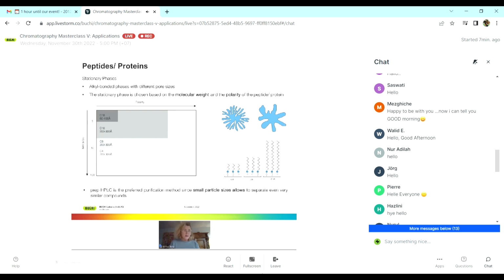Then there's another point. You have to decide which particle size you want to use. Is it prep HPLC or is it flash? In prep HPLC, you're working with very small particle sizes. You get a higher resolution. In flash, it's the opposite. You have bigger particles, and you can load much more than in prep HPLC, but you're somehow limited in resolution.